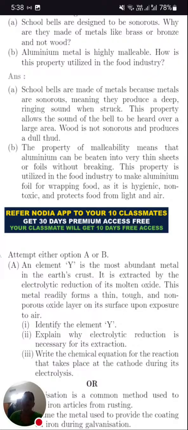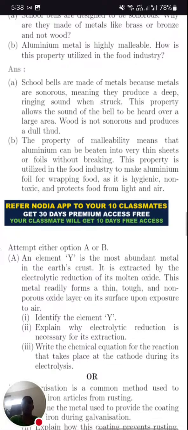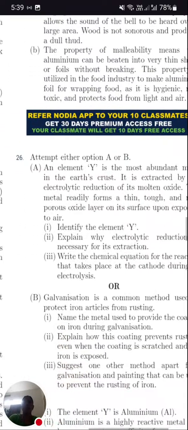The property of malleability means they can be made into sheets. So foils are made using this property, utilized in the food industry to wrap food, as it provides hygiene, is non-toxic in nature, and protects the food from light and air. Okay, so the question is very simple.